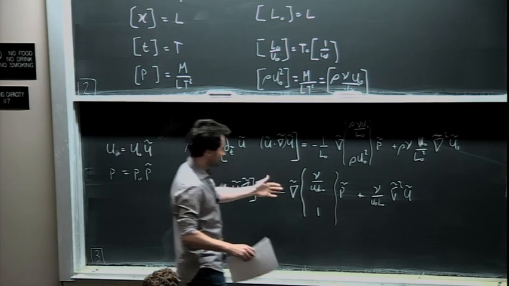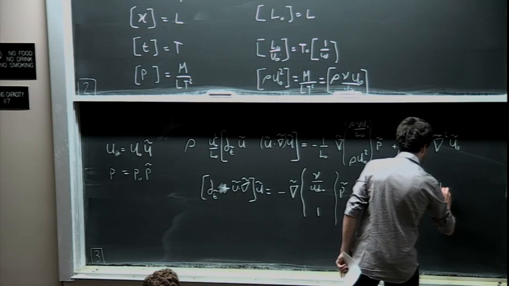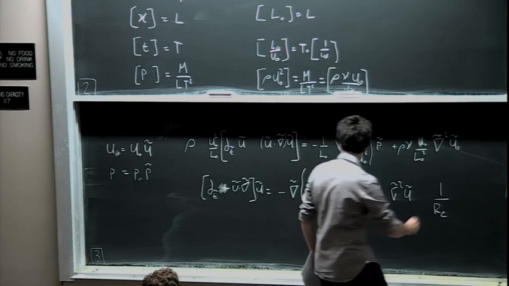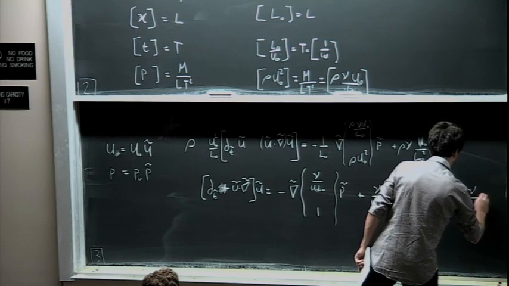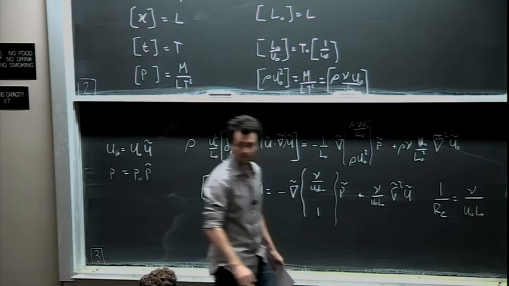And also, can you guess? We have a parameter over here. Everybody, I'm guessing, will know what it's called. It's called the Reynolds number, and it's equal to u naught L naught over nu.